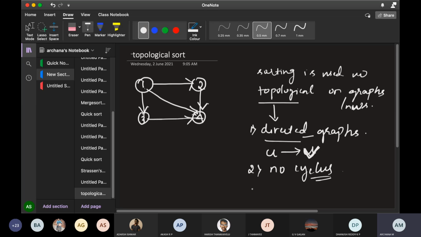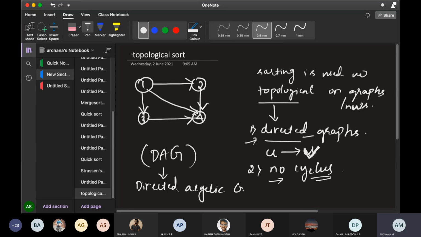Because when cycles are there, you cannot do the topological sort. Hence, this is known as a DAG, a directed acyclic graph. This is just the meaning of topology.